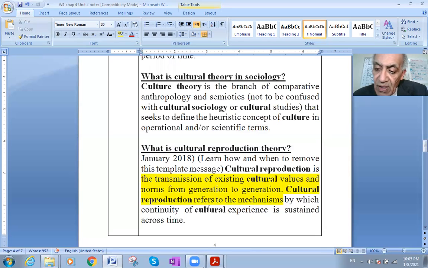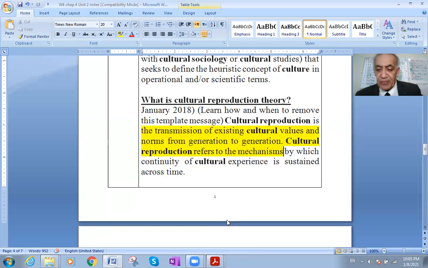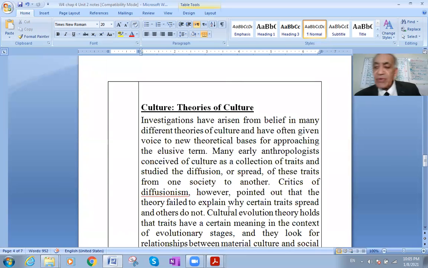Reproduction means that it comes to the next generations. It does not stop at this generation, but comes also to the next generations. As you know, all the cultures we learn from our parents, and you will teach your son and your daughter in the future. So this is how the culture is transmitted from one generation to another.